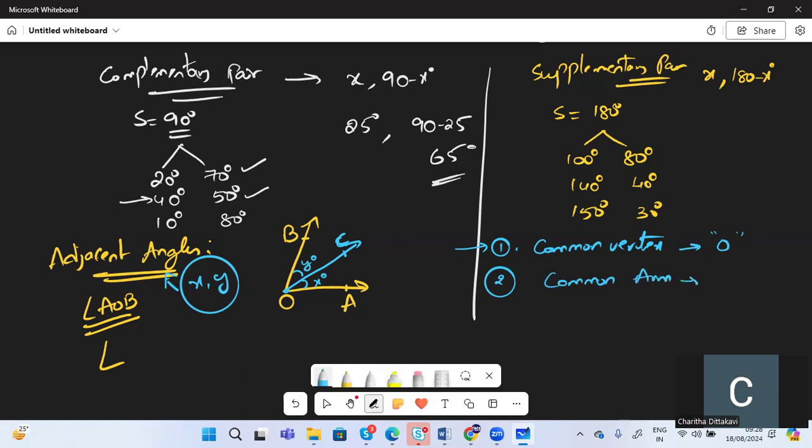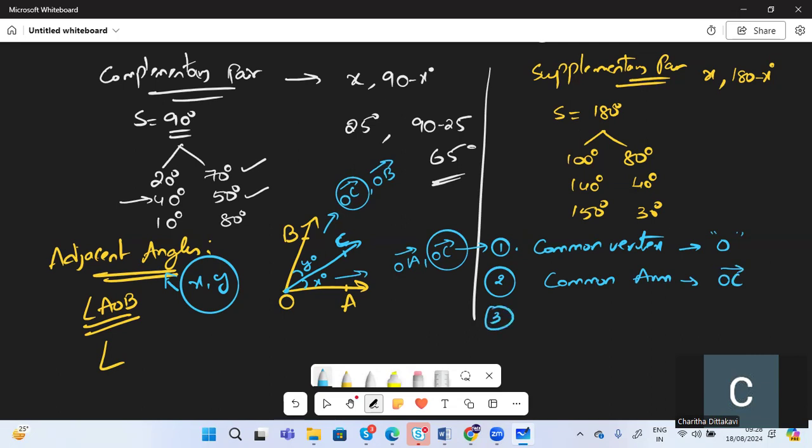Common arm, or common ray, is one and the same. For angle x, we are using rays OA and OC. But for angle y, we are using rays OC and OB. So what is common in both of them? OC is common in both of them. So the common arm will be OC. Right? That's a common ray we call it.